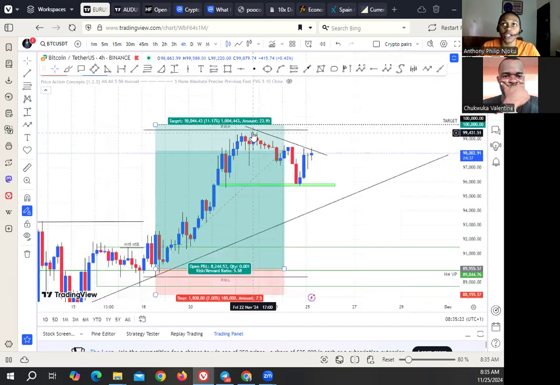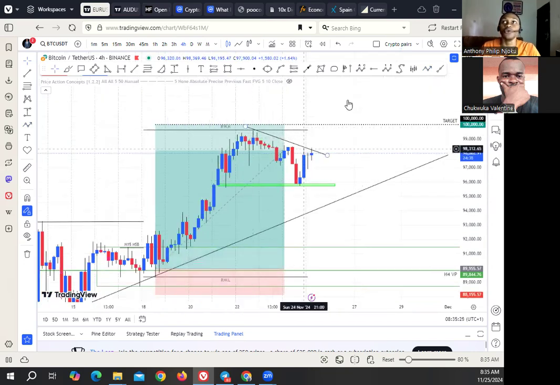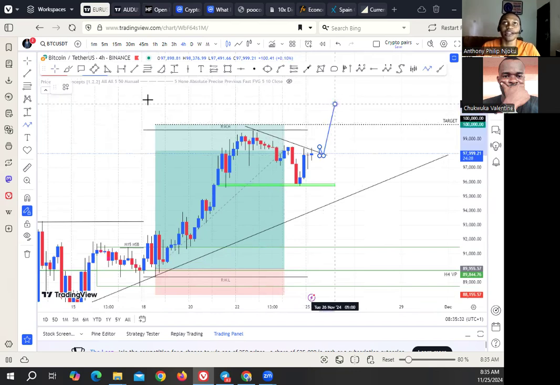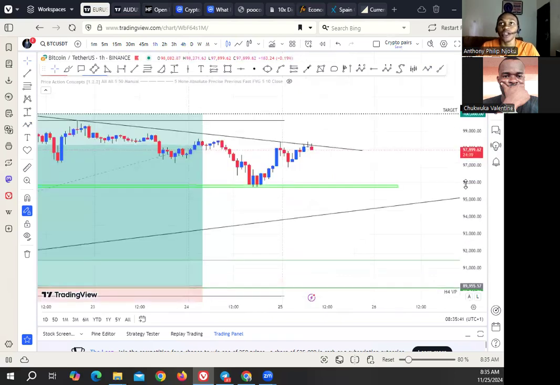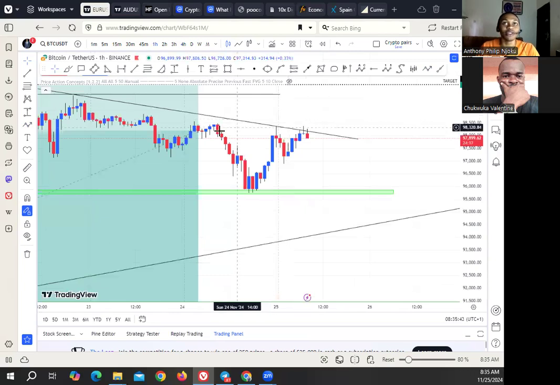This is the top of the wedge over here, connected with this one over here. If we see a break of this top, then expect what? Another push to the upside for Bitcoin. So we're monitoring this closely on the 1 hour time frame. You see, it's currently respecting the top of this wedge. It has not broken it yet.